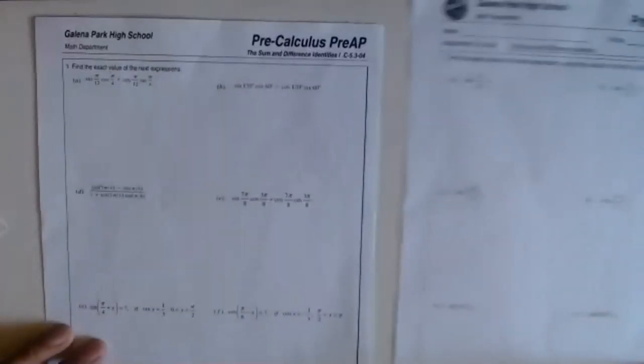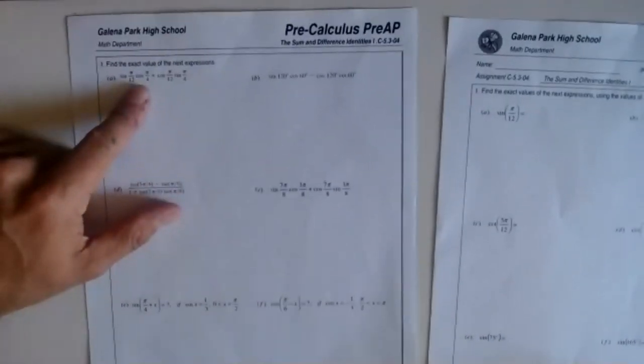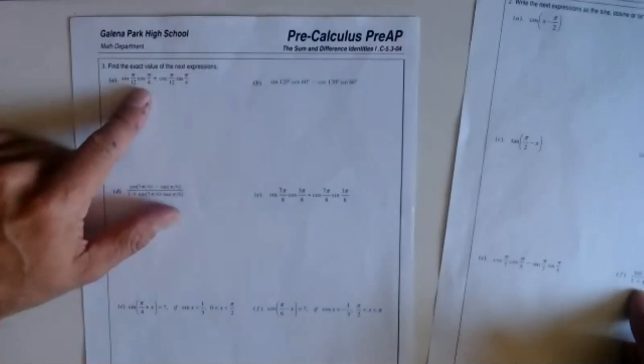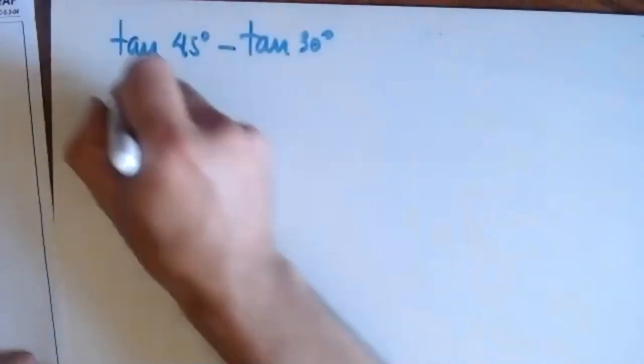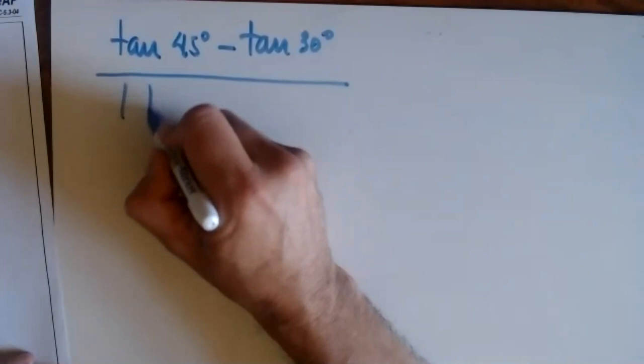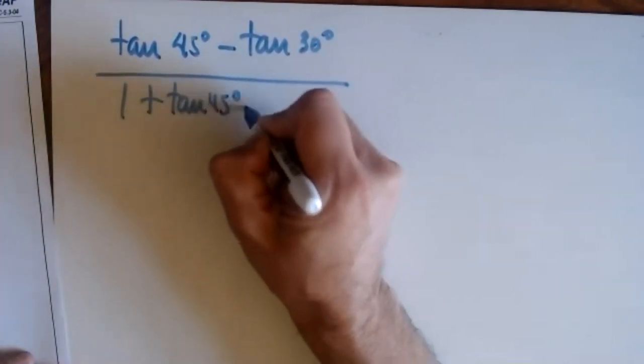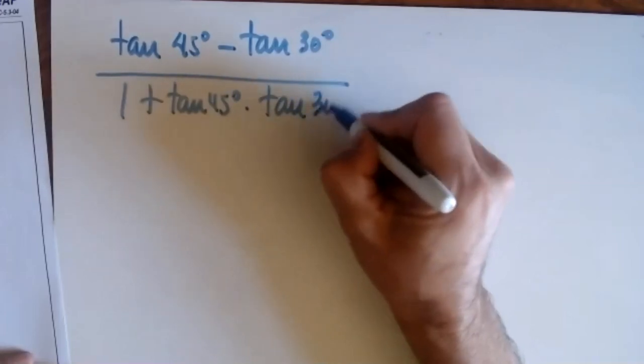Okay, another like this one. This is page 1, this is page 2. The next one I want is tangent of 45 degrees minus tangent of 30 degrees over 1 plus tangent of 45 degrees times tangent of 30 degrees.